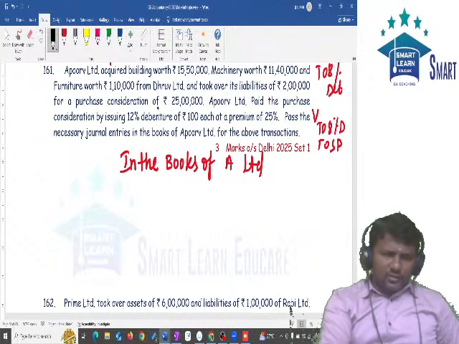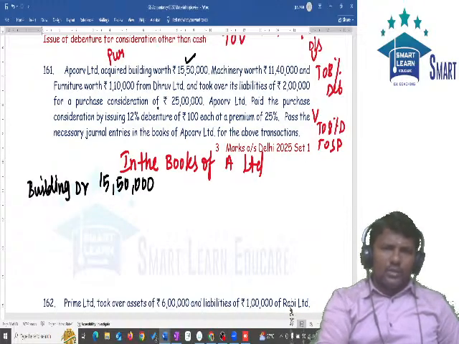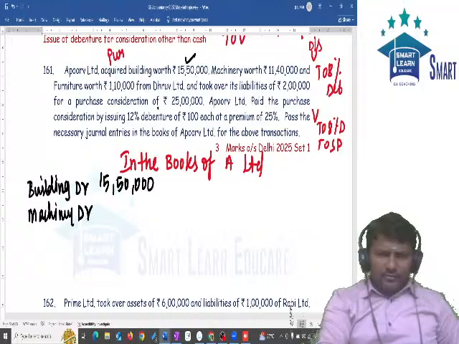Building is purchased. So entry: building account debit 15 lakh 50,000. First asset over. Second asset, machinery, is purchased. So machinery account debit 11 lakh 40,000.